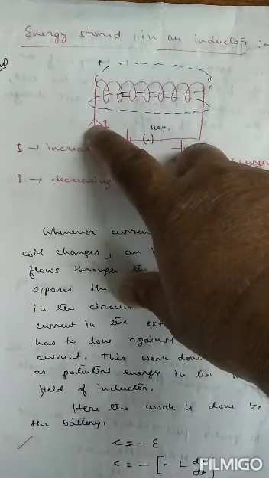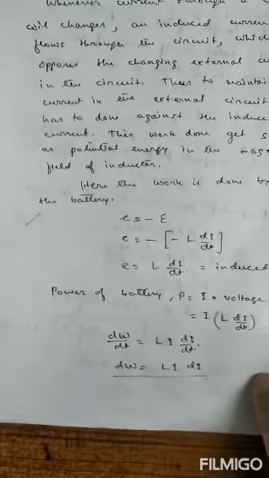Induced EMF here is minus L di by dt. What is small e? Small e is the voltage of this battery. Induced EMF and battery voltage are opposite to each other, therefore this negative sign. So ultimately e is equal to L di by dt.